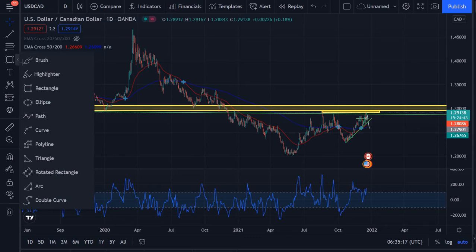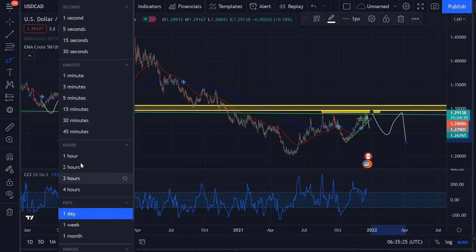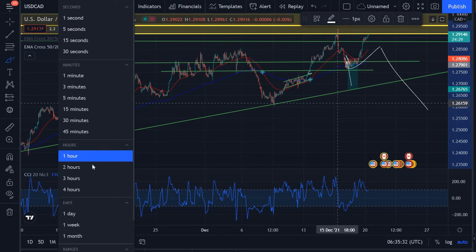But we could as well see a movement like this and then suddenly head lower again. So now I wouldn't buy at these levels even though the trend is bullish, so I would look at some point for shorts.